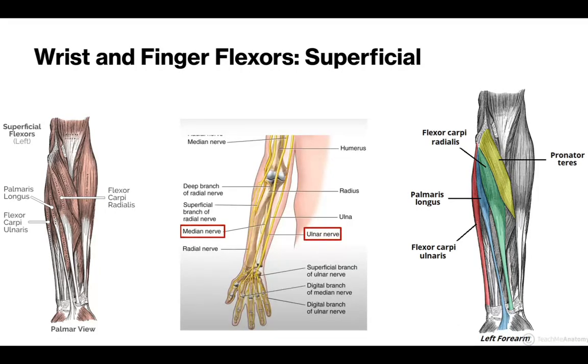So because the pronator teres is going to be moving the radius over the ulna, we can assume that the insertion is going to be on the radius because it's going to be moving the radius. So it's actually going to be inserting on the lateral radius. So it's kind of like this middle portion of the radius.